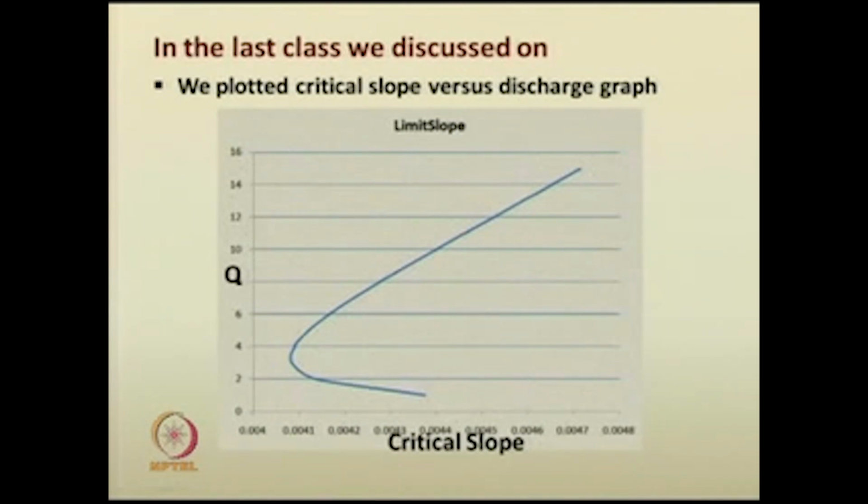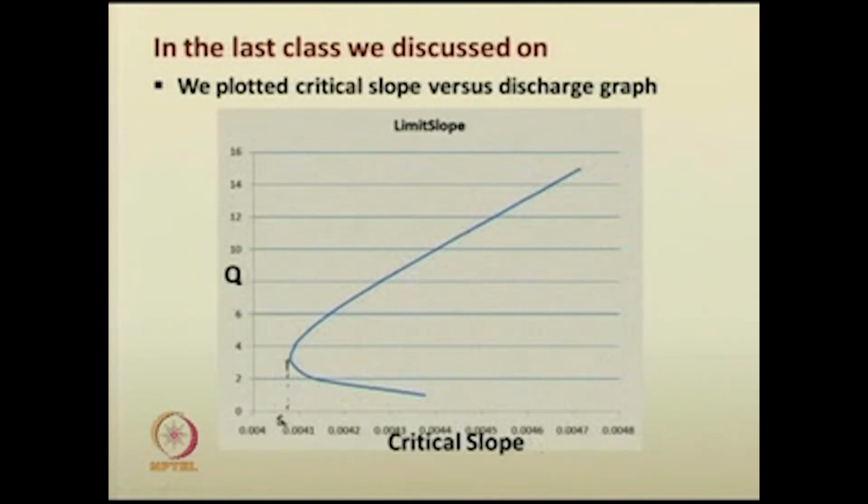In the last class, when discussing the transitional depth, we evaluated the critical slope curve versus the discharge for the rectangular channel problem. There you obtained such a type of curve, and we suggested that the minimum critical slope that is possible in this case is given as the limit slope S L, if you are able to recall.